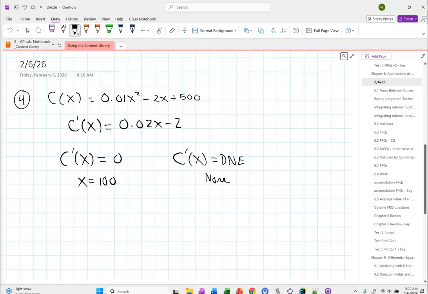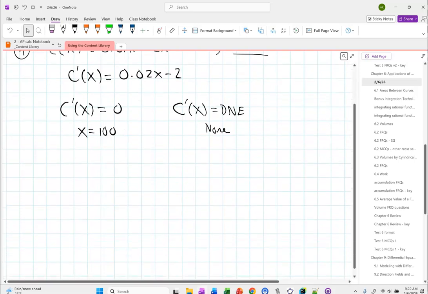What are the possible numbers of units produced? Got to be positive, right? What do we have here? It's an open interval. So do I need to check endpoints? I do not.